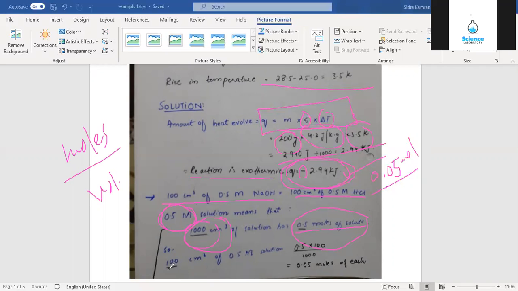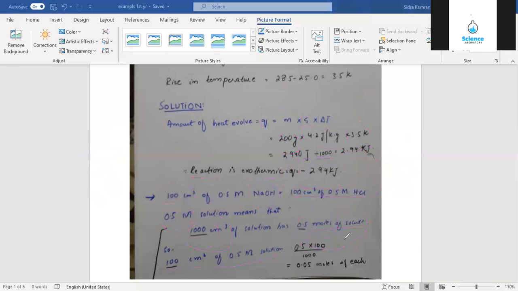These moles are for 1000 centimeter cube. But we are given 100 centimeter cube of each NaOH and HCl. So if there are 100 centimeter cube of 0.5 molar solution, how many moles of each solute?